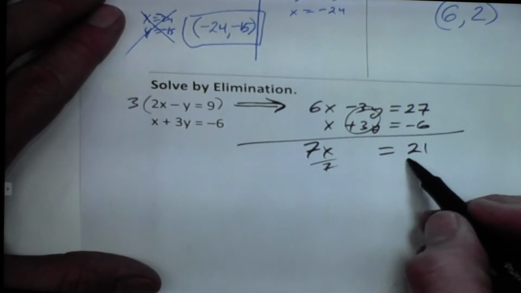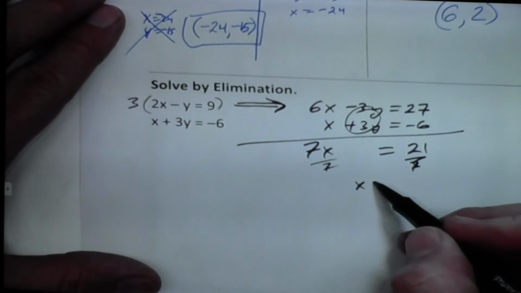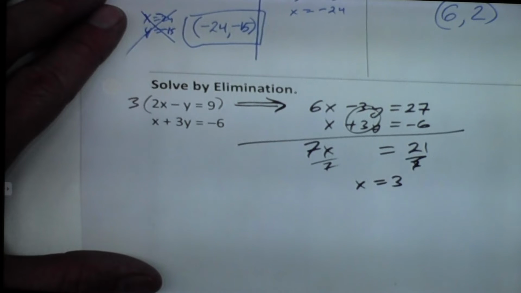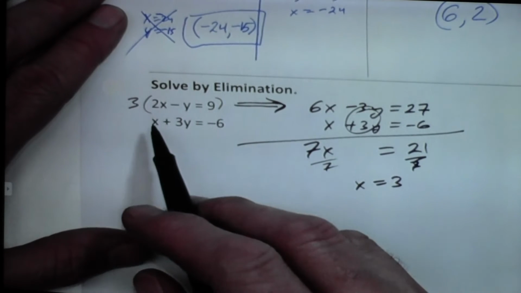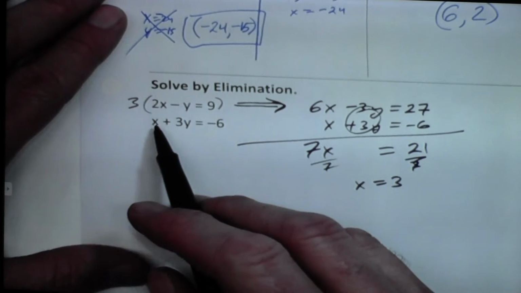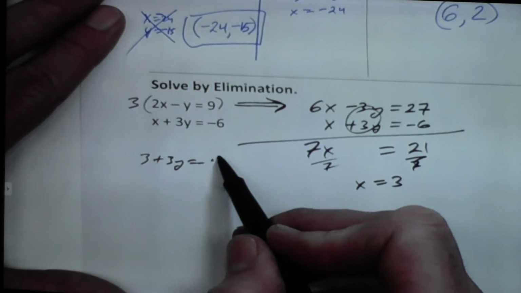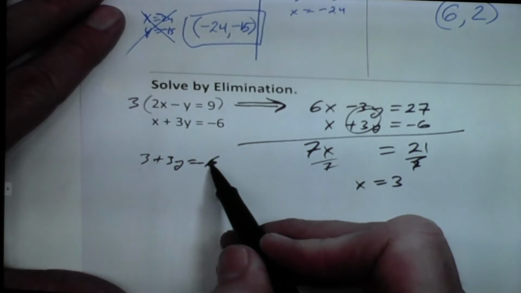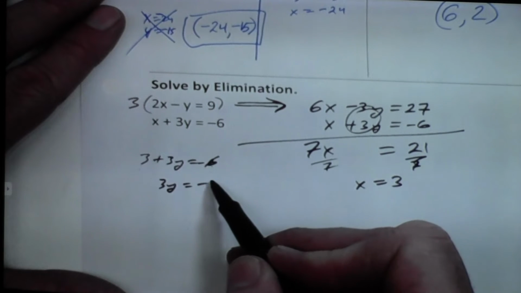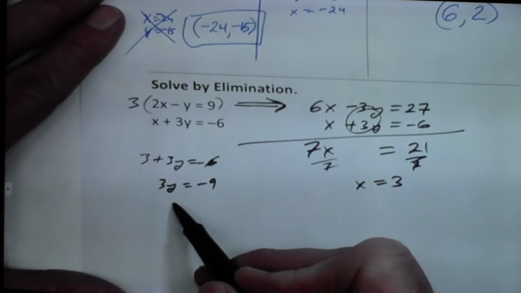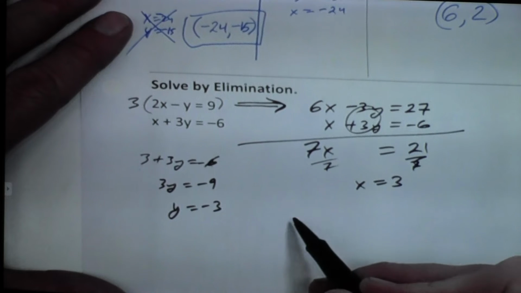When I divide by 7, I get x is equal to 3. And now I'll plug that 3 back into either one. I guess I will put it into this one here. 3 plus 3y equals negative 6. Subtract 3 from both sides, and we get 3y is negative 9, and divide by 3, y is negative 3.